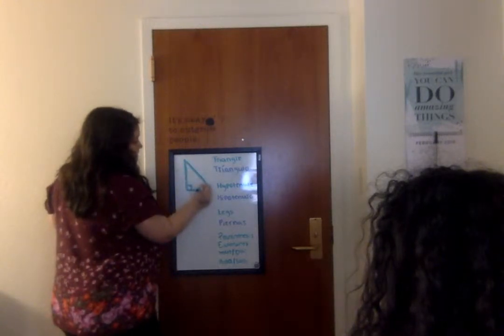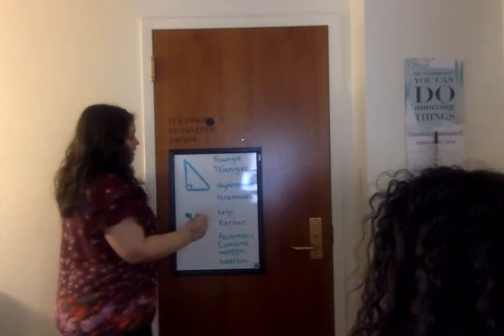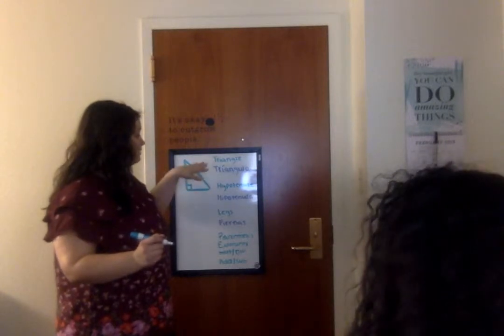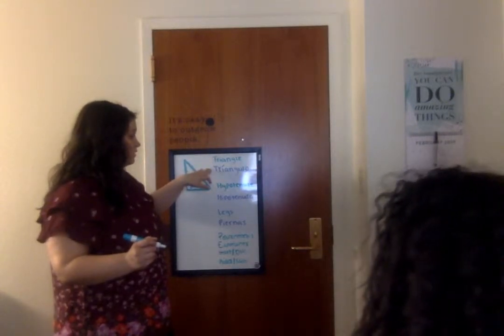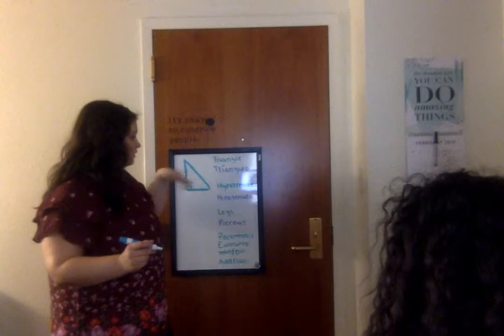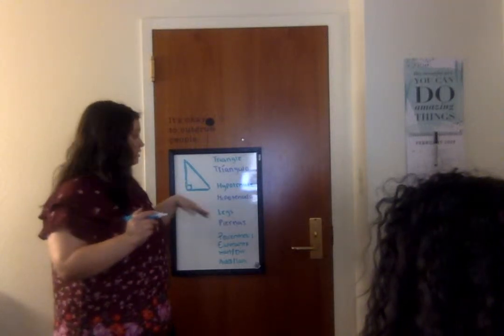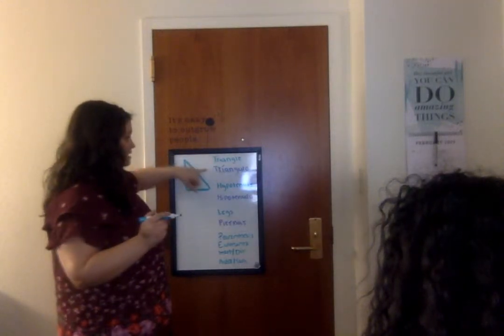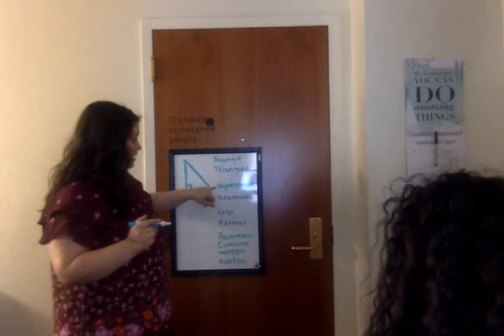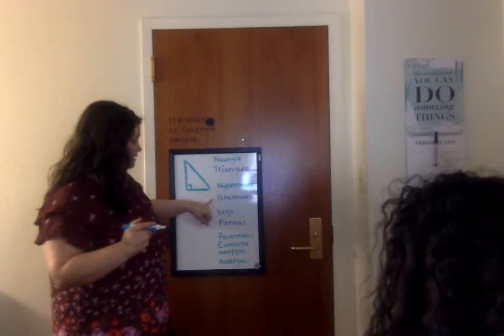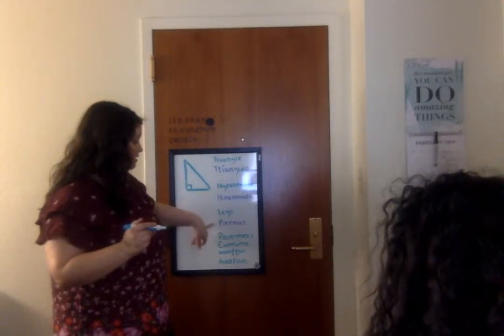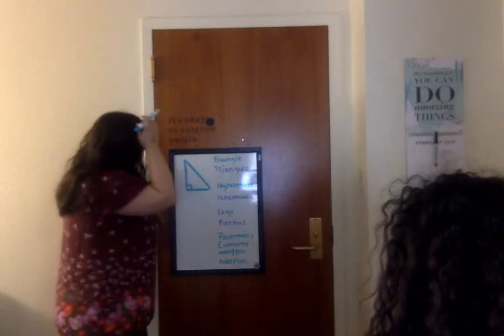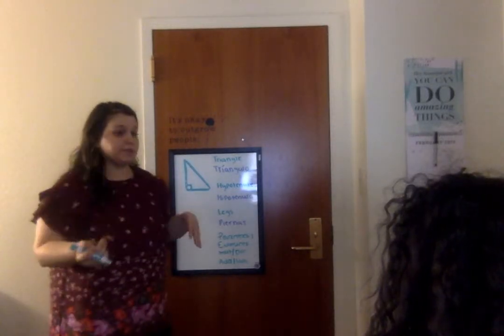It's always the diagonal line. And the shape that we have is the triangle, which is the triangulum. Let's go over those again really quick. We have the triangle, the hypotenuse, and the legs, which are the piernas.